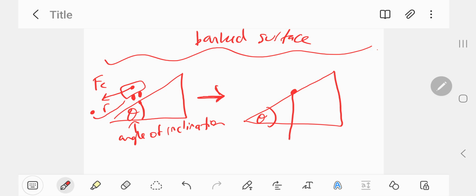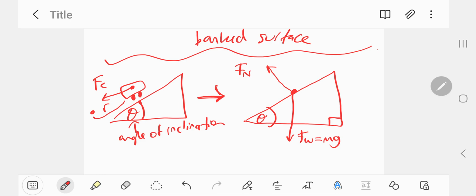The first force that comes to mind is the weight force, F sub W, which is just mg, acting on the car. And the normal force should be drawn like this, F sub N. Just draw a right angle here.